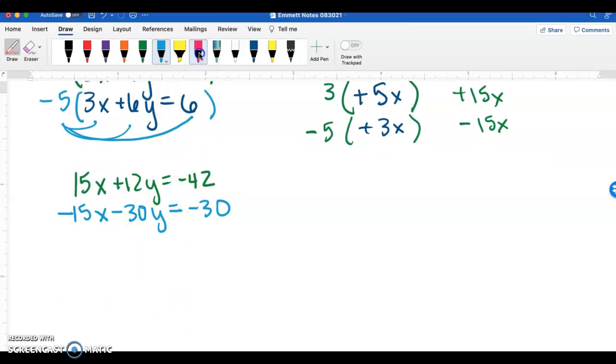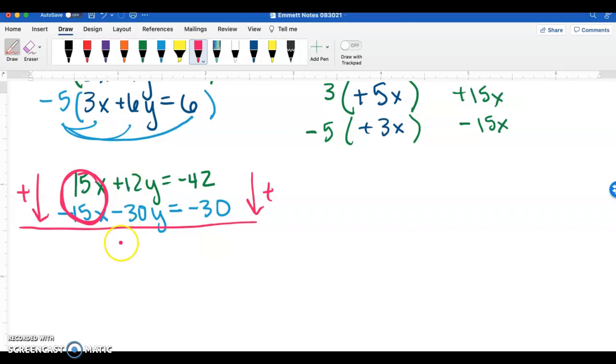So this is where we add down. If we do a positive 15x and a negative 15x, if we add those together, they cancel to be 0. That's our goal anyway. Then what is positive 12y minus 30y? Well, that's going to give us negative 18y.